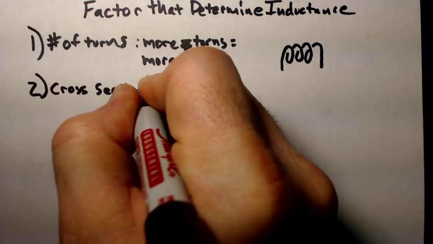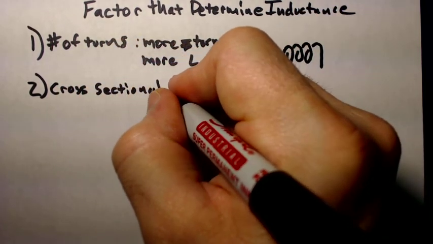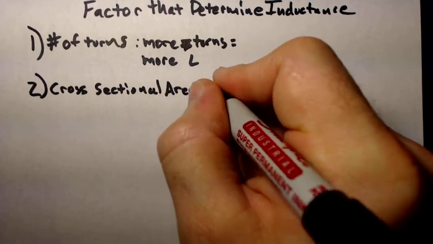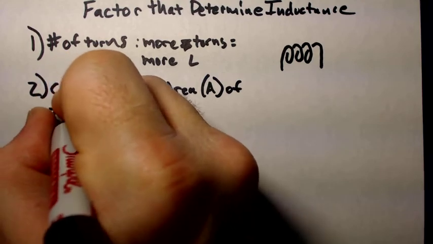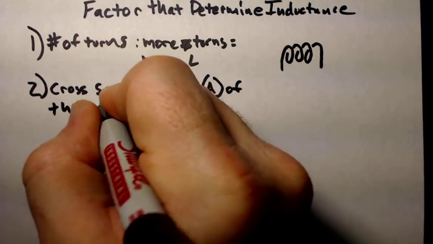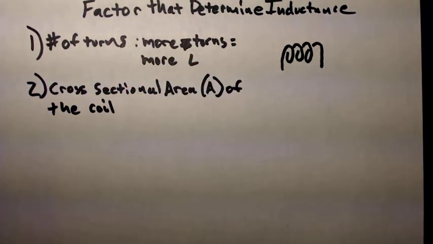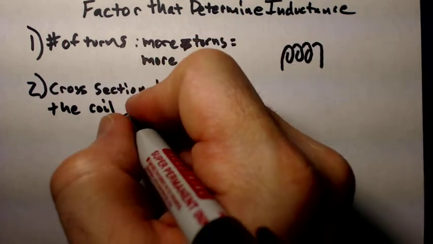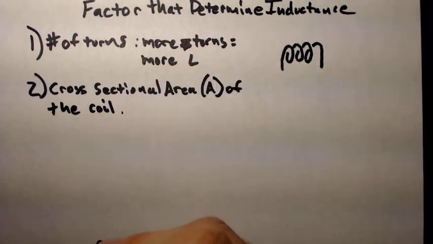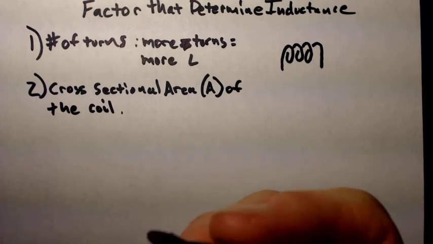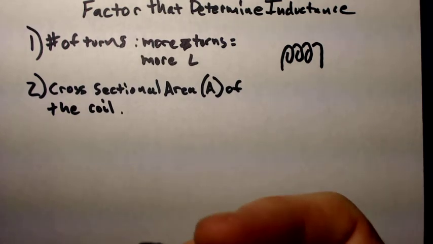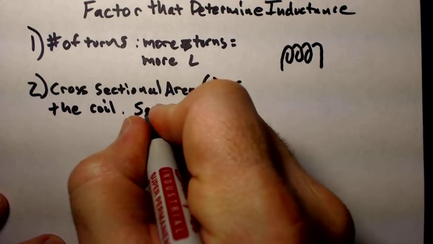Cross-sectional area of the coil. I'll go ahead and just say if you double, it's the square of the coil diameter. No, let me write that.